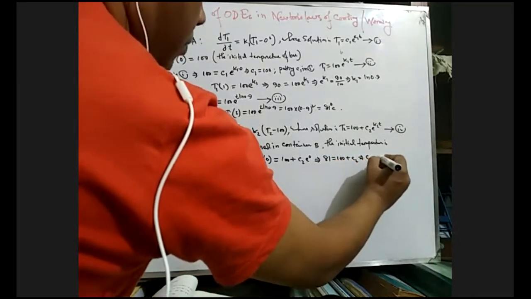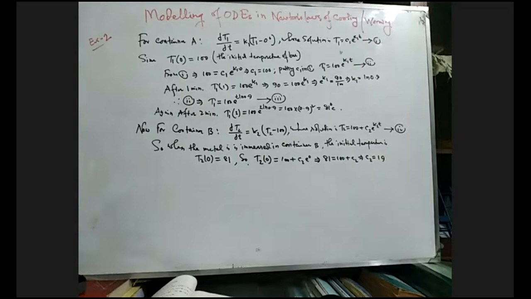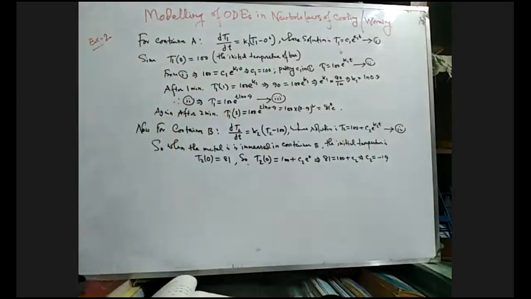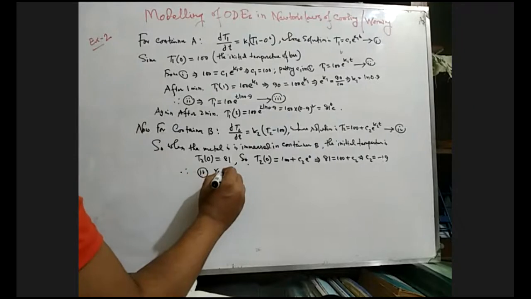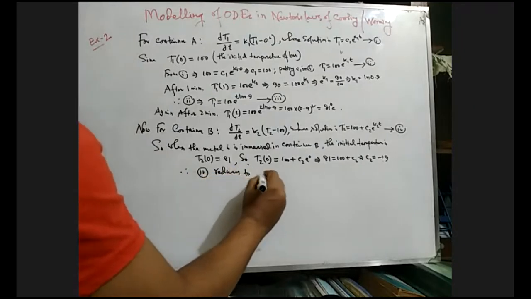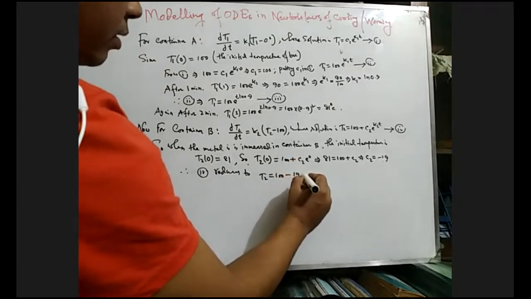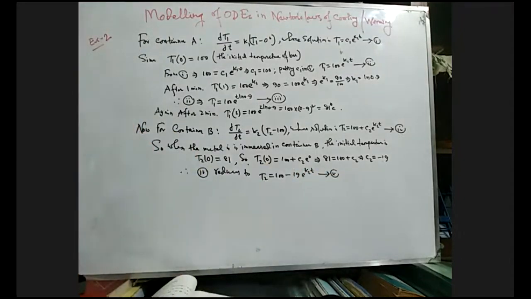Therefore C2 equals minus 19, the second constant for the second container of the differential equation. Therefore equation 4 reduces to T2 equals 100 minus 19 e to the power k2 t. This is equation number 5, just putting the value of C2.